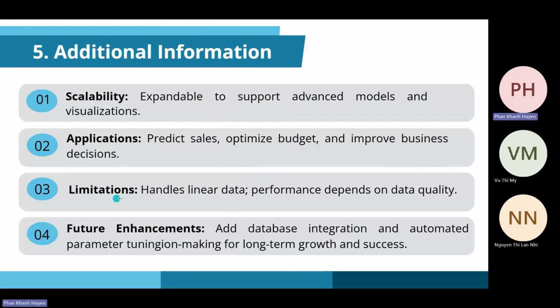Next here we have the limitation. Currently, the model can handle only linear relationships, and its performance heavily relies on data quality and quantity. The last one is future enhancement. We are thinking of some potential improvements, including integrating databases for managing larger data sets and implementing automated parameter tuning.